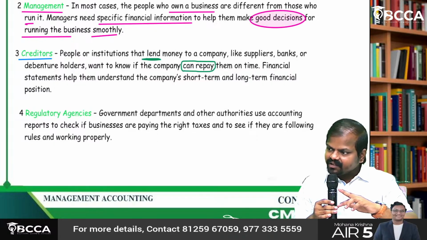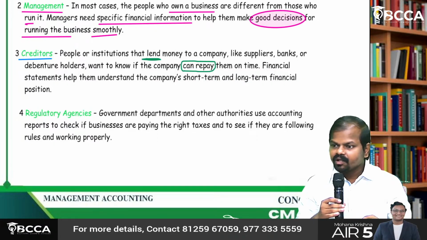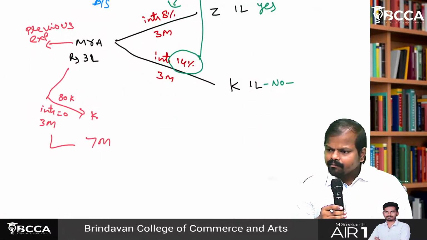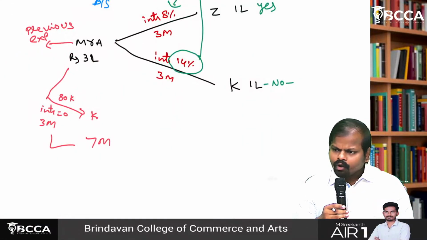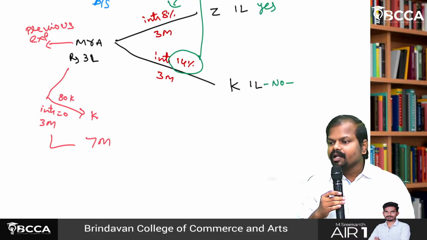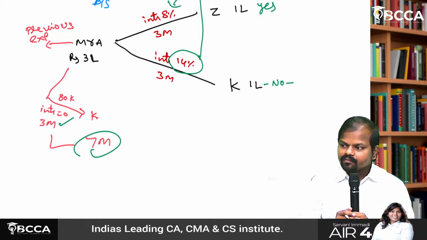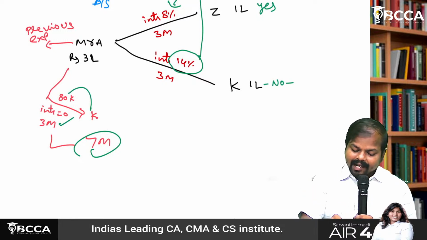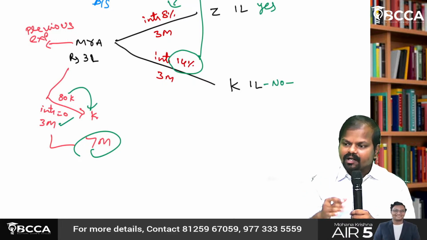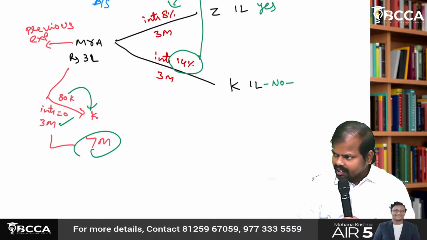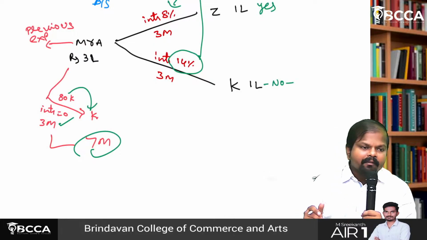Repay is different from repay on time. In the previous example, Mr. K's 80,000 was a bad debt. He did pay, but not on time. He said 3 months, he took 7 months. He took 80,000 at a time, but repaid 10,000 once, 20,000 once, 40,000 once, and settled like that. He did not settle on time.